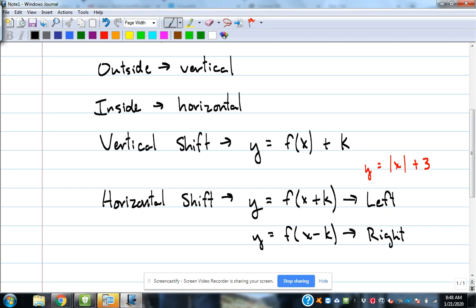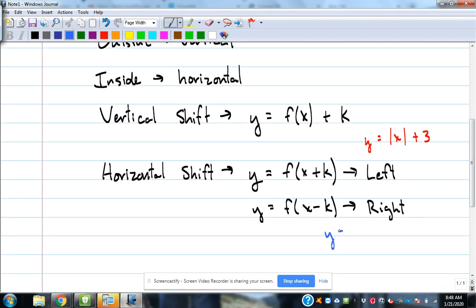So again, if you take the absolute value equation, the plus 4 is going to be left 4. The minus 4 is going to be right 4. Plus on the inside is left. Minus on the inside is going to be right.